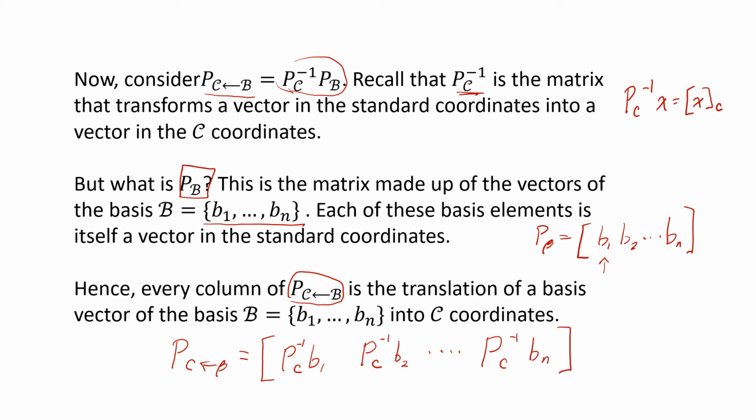So what you're doing is taking every individual basis element in B, converting it into the coordinates of that element in the C basis. That's what this is doing.